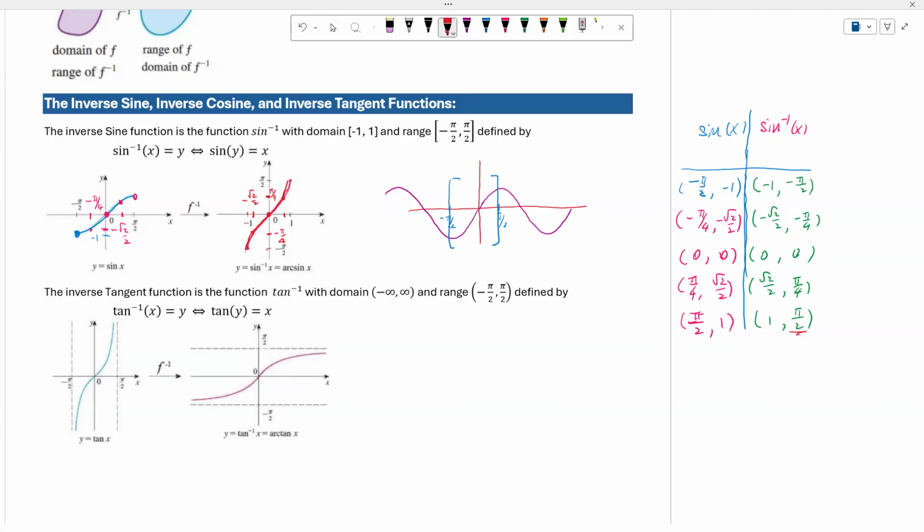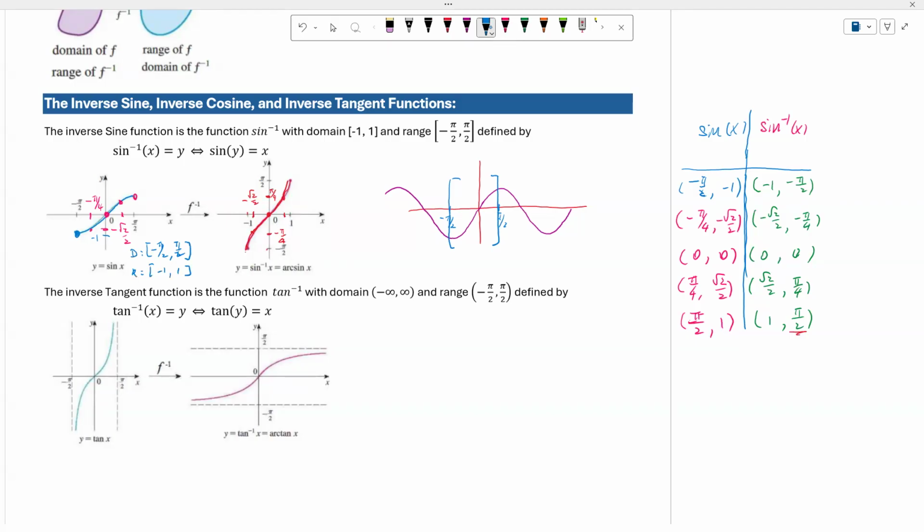So now let's talk about the domain and range. The domain of the sine function is between negative pi over 2 and pi over 2, and the range is between negative 1 and 1.